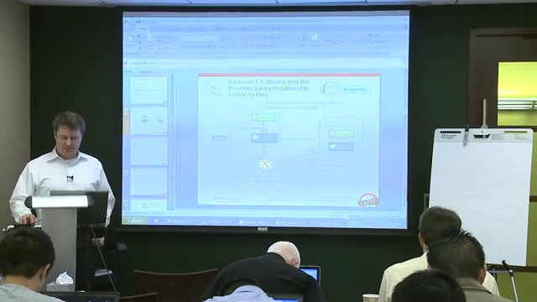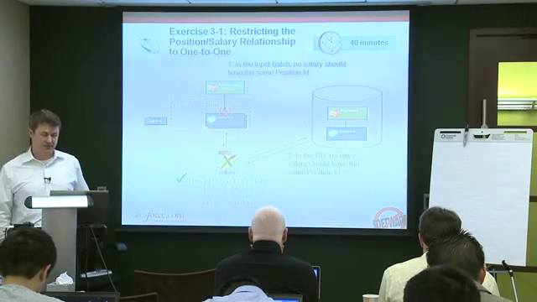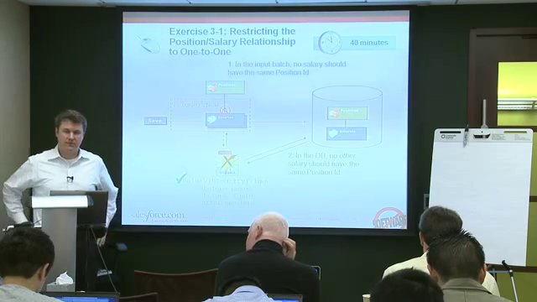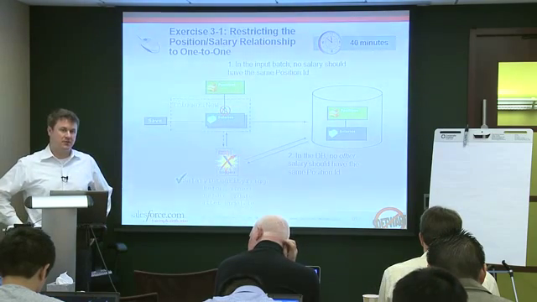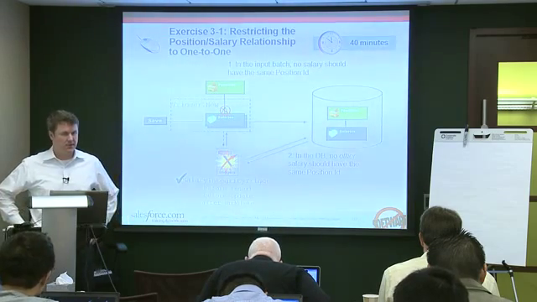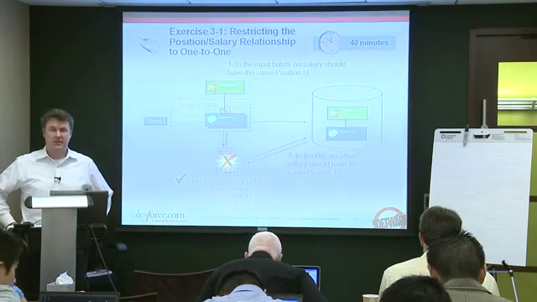I wanted to start off this morning just reviewing what we did yesterday, the lab exercise, where we wanted to create a trigger whereby we enforced the one-to-one relationship between a salary and a position. So just a short recap, by default all our relationships are one-to-many, and we want to prevent a single position from having multiple salaries.